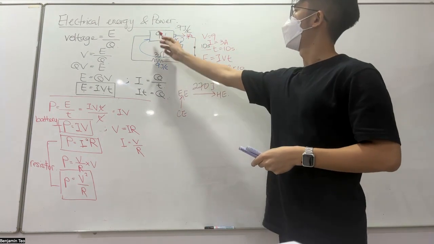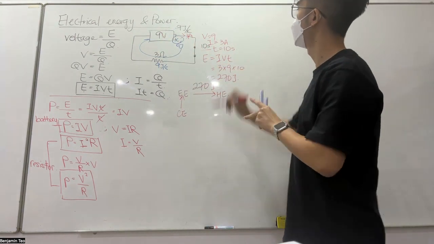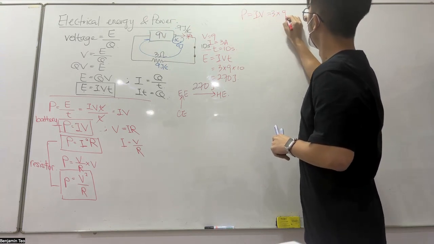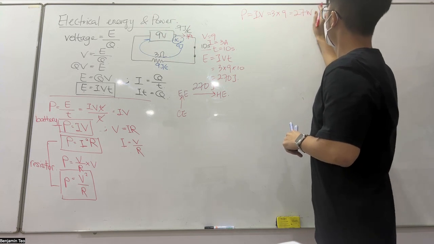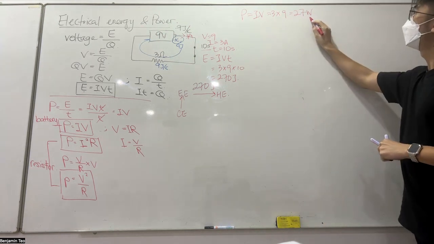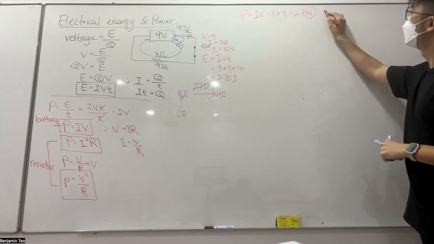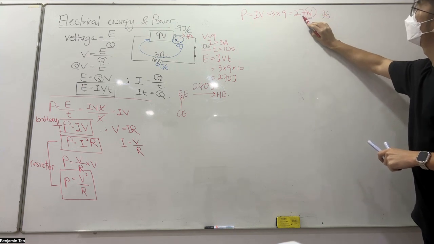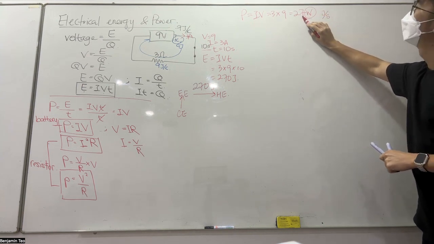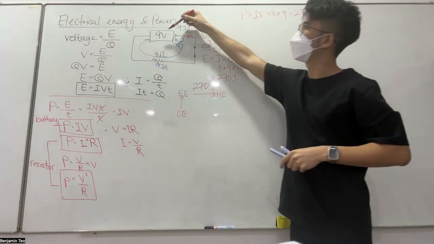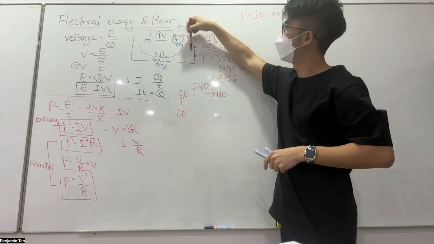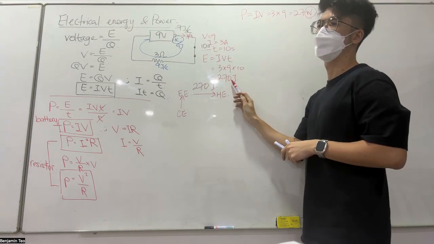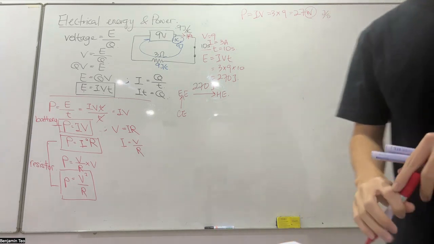What is the power supplied by the battery? P equals 3 times 9, 27 watt. Watt is joule per second. Every second the battery supplies 27 joule, so for 10 seconds it is 270, which is the energy we calculated just now.